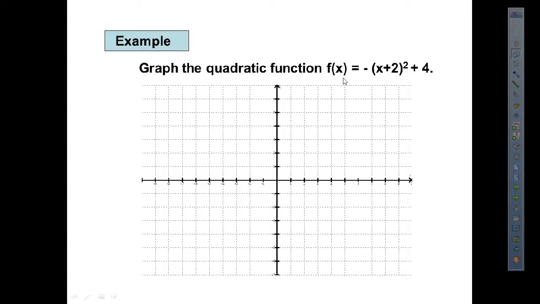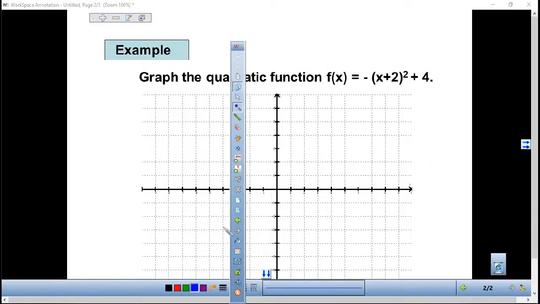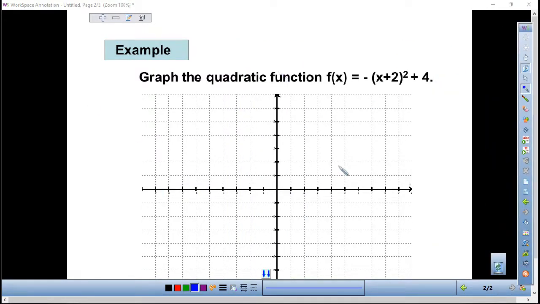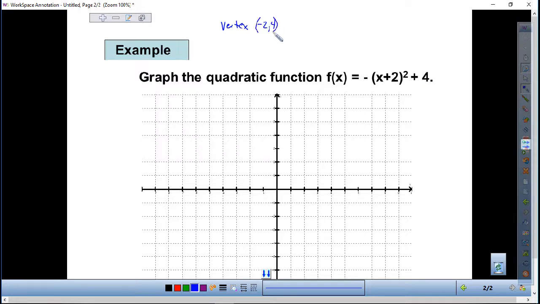All right, so let's graph the quadratic function negative (x plus 2) quantity squared plus 4. So let's go through our work here. The vertex is going to be at (negative 2, positive 4), because remember, whatever you're pulling out of the parentheses, you're going to change its sign because of that x minus h quantity squared.